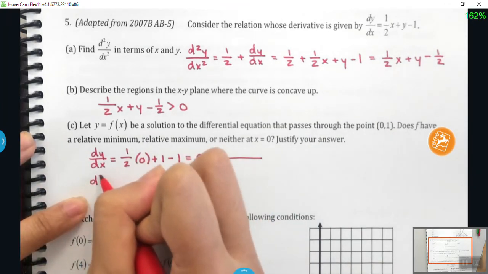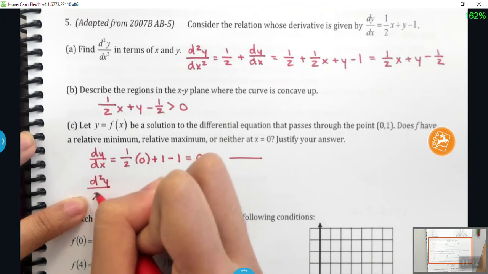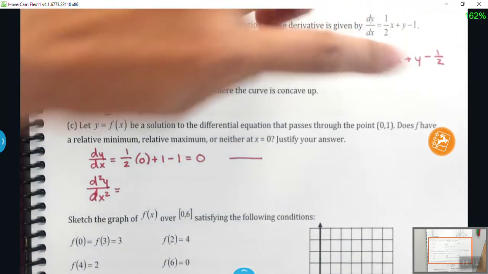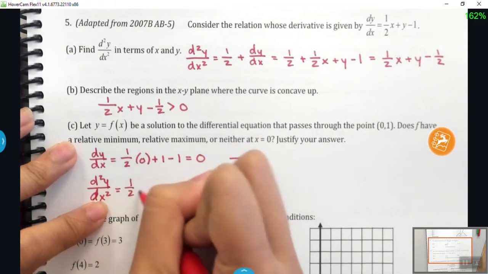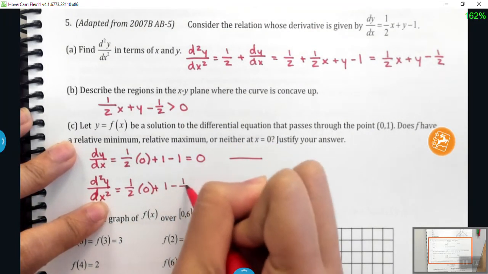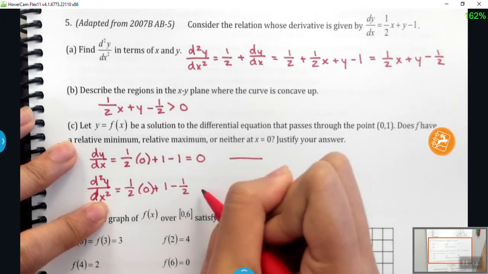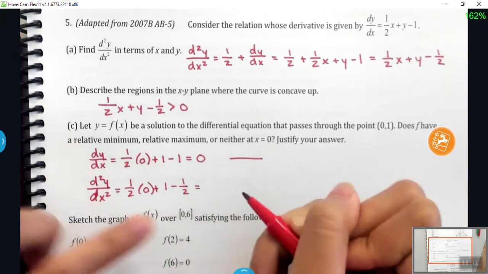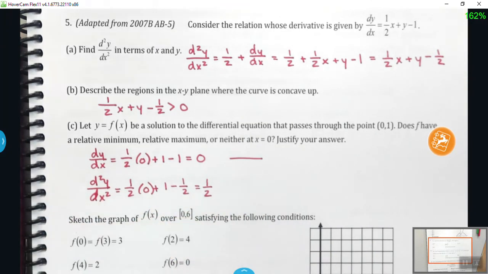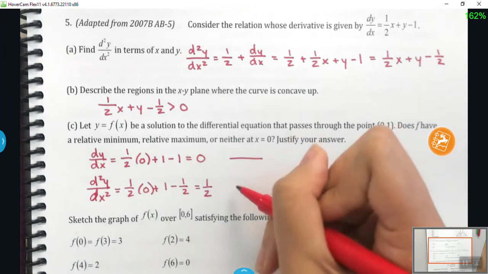Then I have my second derivative, and I'll plug in 0 and 1 in that. What do I get? Positive 1/2, right? Yes? Are you with me?